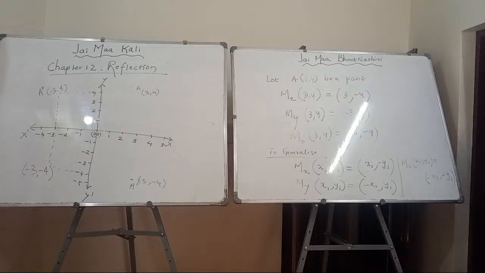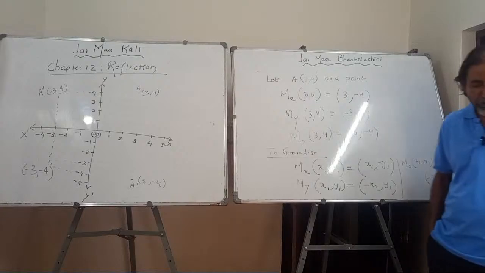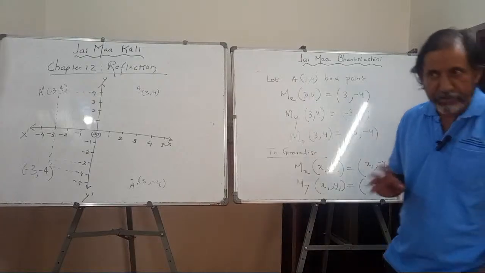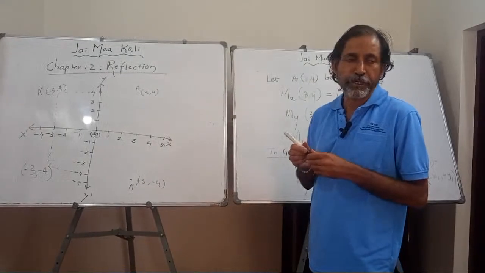Tell me, how would the line y is equal to 2 look like? Y is equal to 2 does not mean 2 centimeters. It means that every point on that line has a y coordinate of 2.